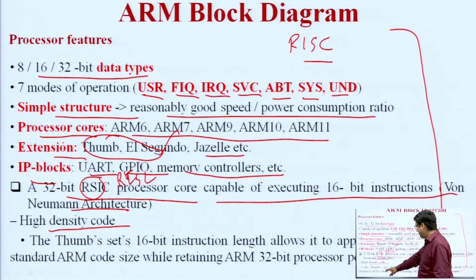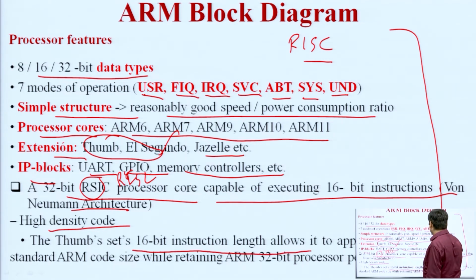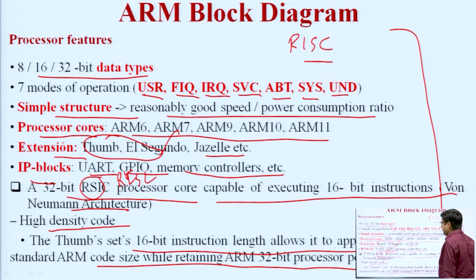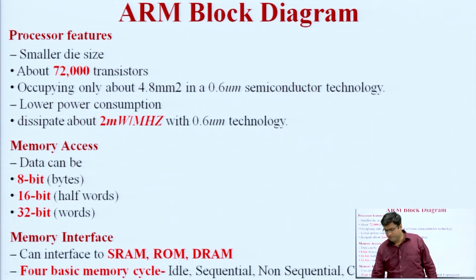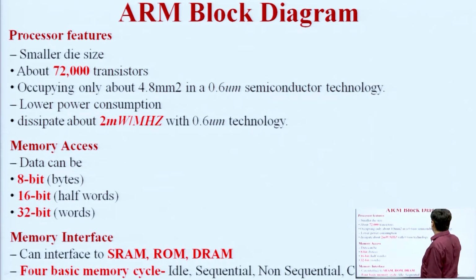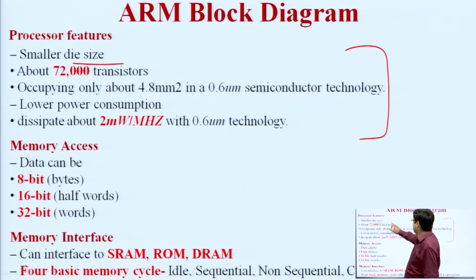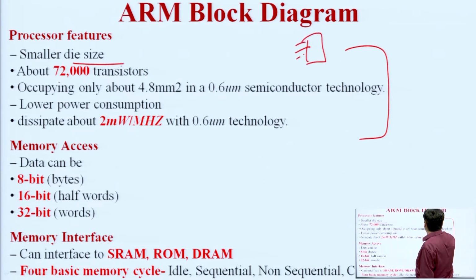The Thumb 16-bit instruction set allows approaching 65% of the standard ARM code size while retaining ARM 32-bit processor performance. So it has a Thumb instruction set also available. More features are a smaller die size, because it is small in size. In a single IC many processors are available.